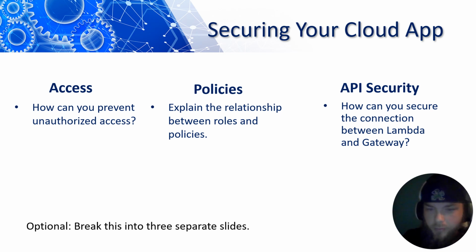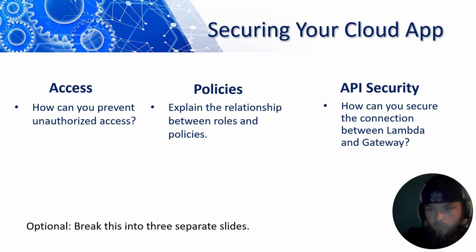And we're going to touch on API security. How can you secure the connection between Lambda and the API gateway? From my research, there are 6 ways to do this. The IAM roles and policies, which we covered in this project.